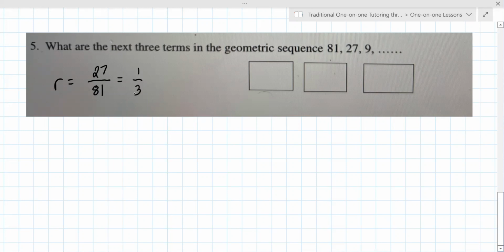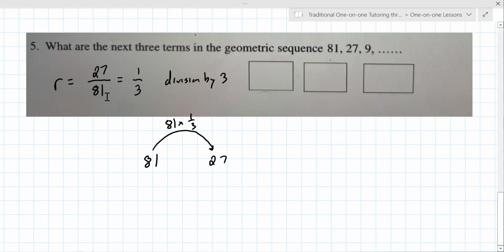Okay, the value is 1/3. Now, what's maybe unclear here is that you're always multiplying by R. You're multiplying 81 by 1/3 to get to 27. That's probably the best way to think about it. But alternatively, you could think of this as division by 3.